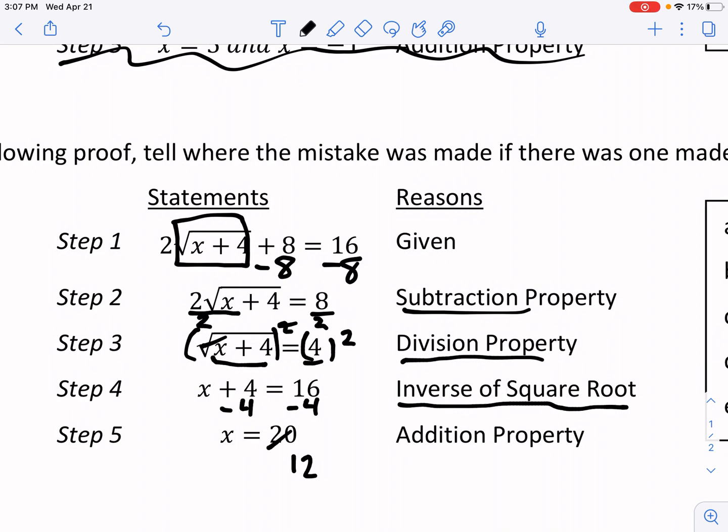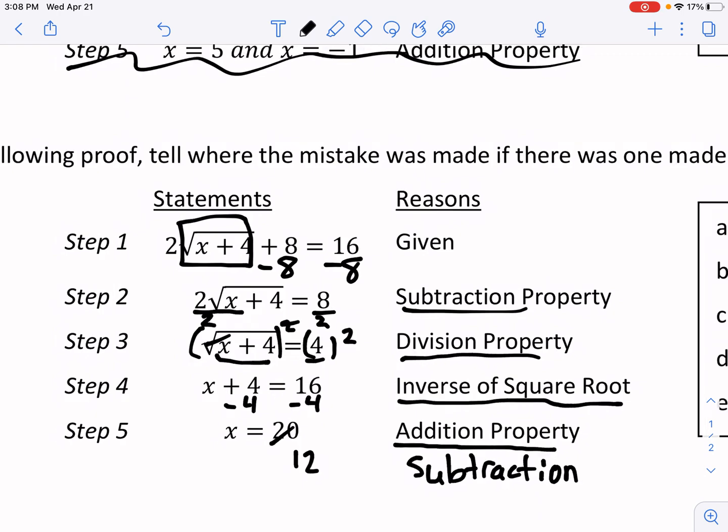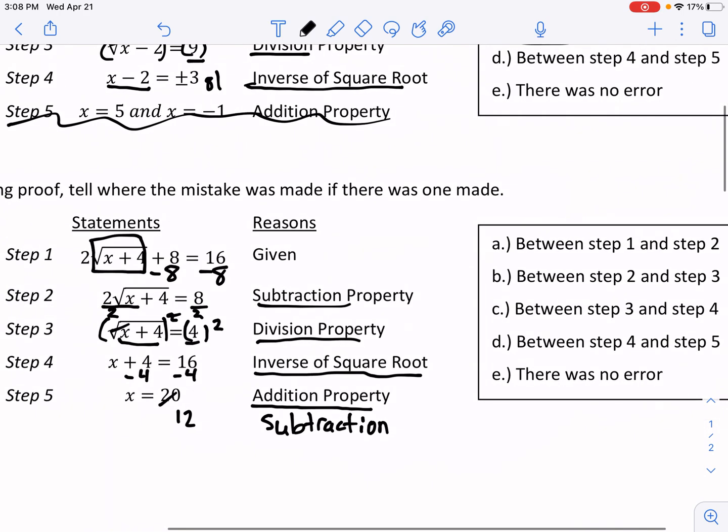So the mistake here is they applied the addition property when they should have done the subtraction property. That's the problem here, between steps 4 and 5. They did 16 plus 4 instead of 16 minus 4. Okay?